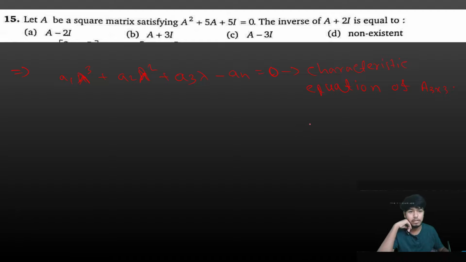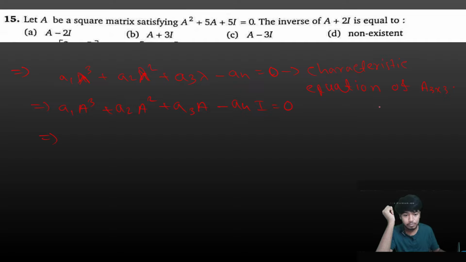The Cayley-Hamilton theorem says that every square matrix satisfies its characteristic equation. So put A here: a1 A cube plus a2 A square plus a3 A minus a4 identity equals 0.